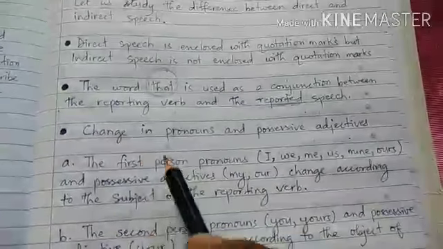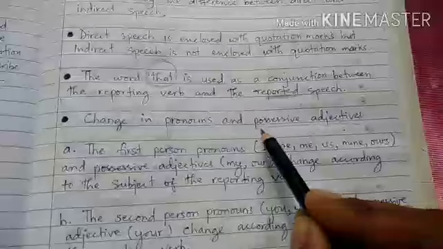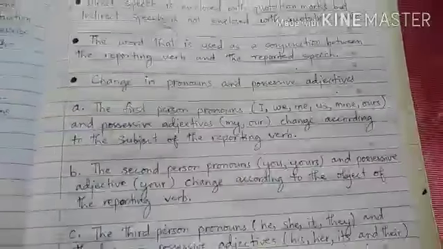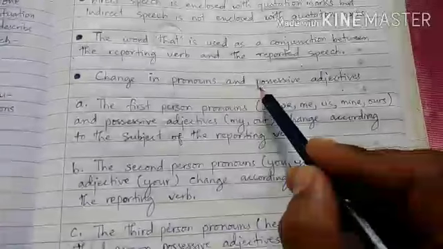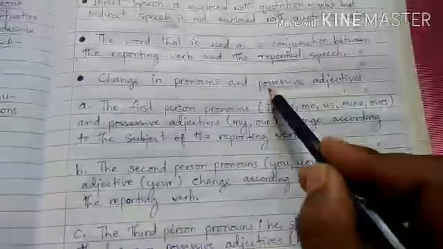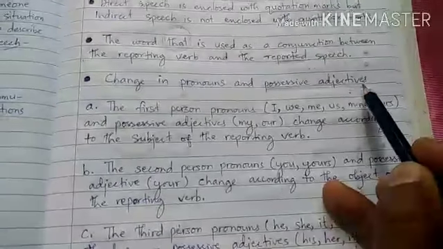Okay. So, change in pronouns and possessive adjectives. There will be some changes in pronouns and possessive adjectives, how they are used in direct speech will change their forms in indirect speech.